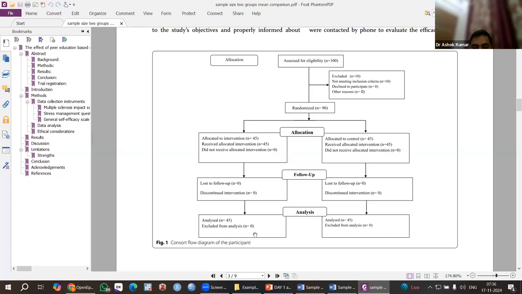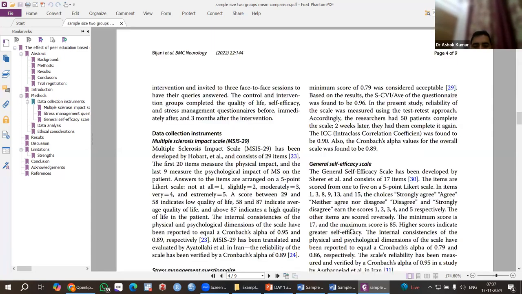For the analysis, I have done n equal to 45 in the intervention group and n equal to 45 in the control group. You can see here, this is the control group. Excluded from the analysis, n is equal to 0, so there is no loss to follow up. Here also there is no loss to follow up. So n1 is 45, n2 is 45.